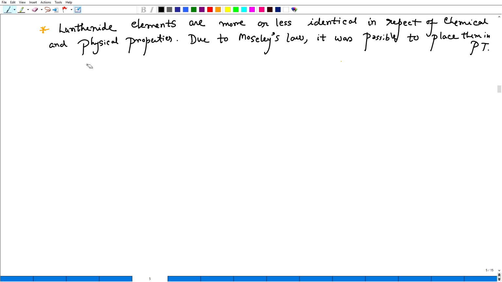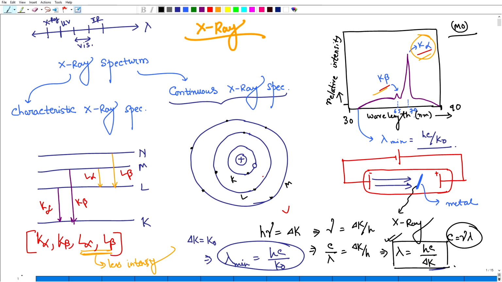Okay. So, in this part, we covered the total X-ray part. We first discussed the X-ray spectrum. In the last class, we first discussed the experimental origin of the X-ray, how Röntgen discovered the X-ray. This was the experimental setup, and after that we discussed the frequency and wavelength of the X-ray, and then the soft X-ray and the hard X-ray, which is also important.